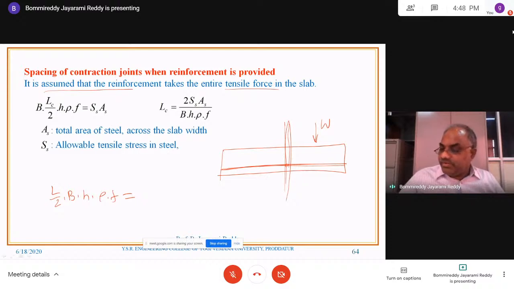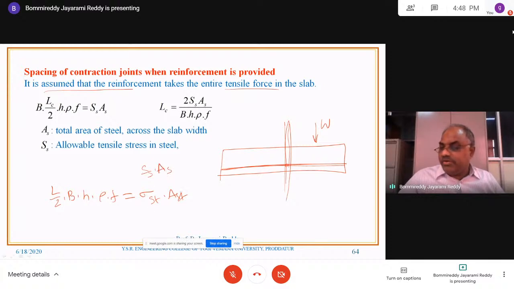If only the steel takes the stress, we can write sigma st multiplied by Ast, or otherwise Ss multiplied by As, area of the steel and stress in steel.